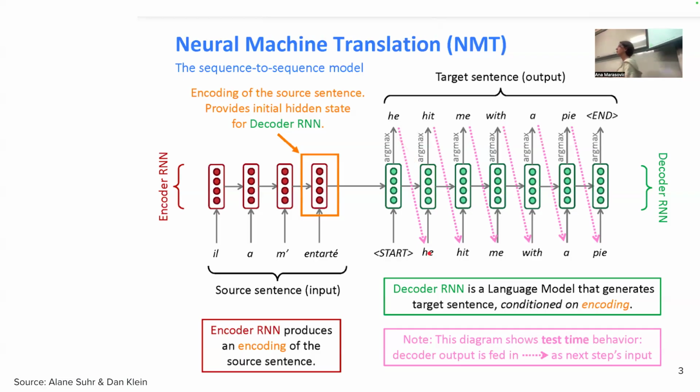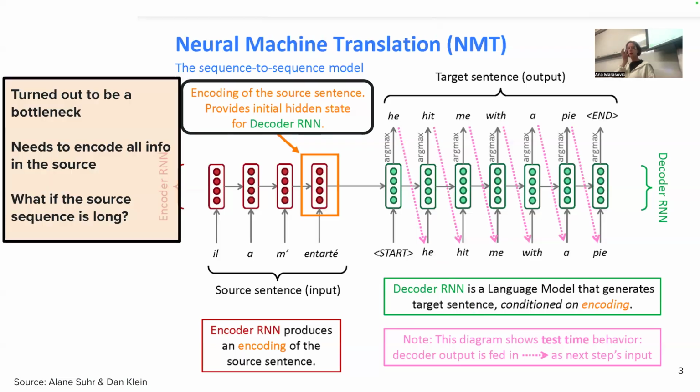Also, in this illustration we do not use teacher forcing, because we are always using the word that is actually generated as the input at the next token position. What else do we have here? Yeah, that's basically it: the encoder encodes the source, the decoder decodes the target sequence.